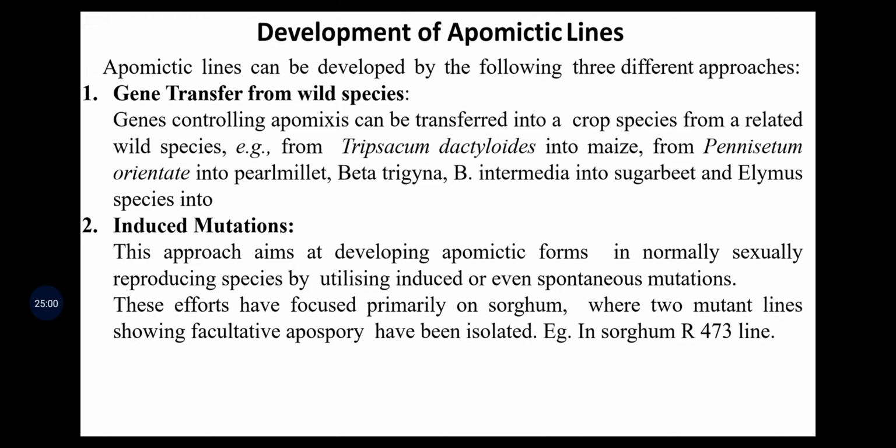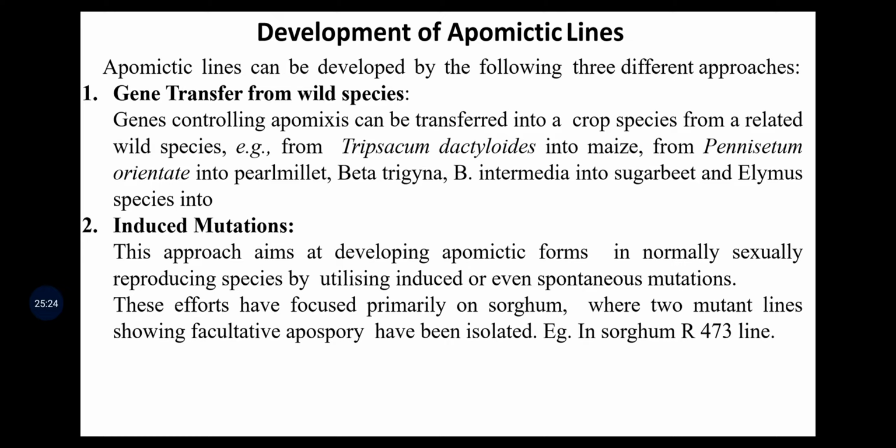Then from Pennisetum orientale, a wild relative of bajra, it is transferred to the cultivated Pennisetum species. Then from Beta trigyna to Beta intermedia, and Elymus species into the cultivated Elymus form.